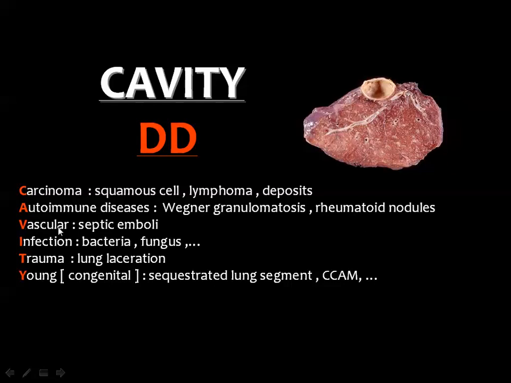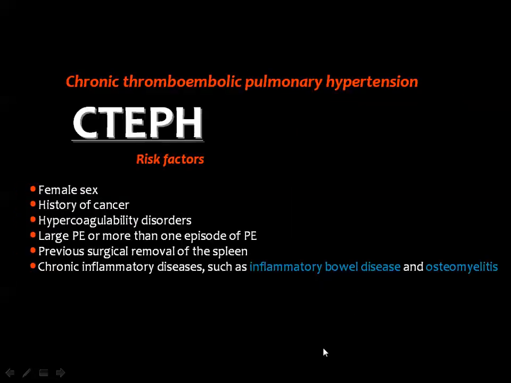V: vascular lesions like septic emboli. I: infection by bacteria or fungus. T: trauma, as a lung laceration will appear as a cavity, if you remember this. And Y: young, which stands for congenital, including the sequestrated lung segment and congenital cystic adenomatoid malformation of the lung.